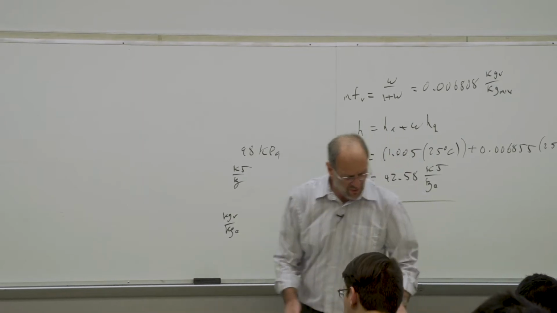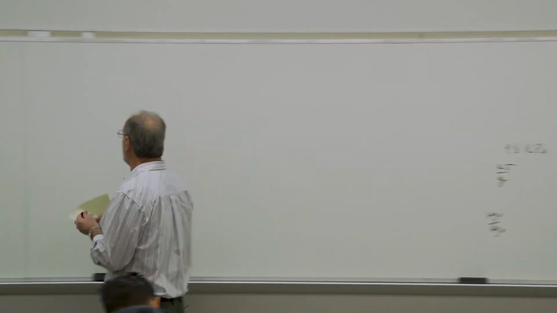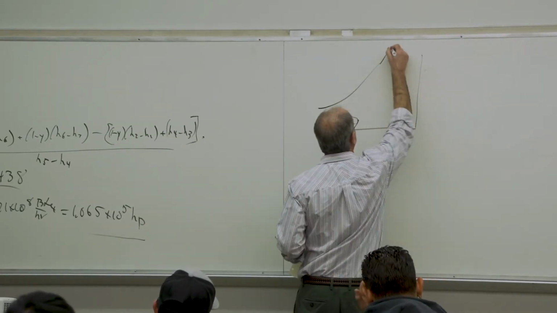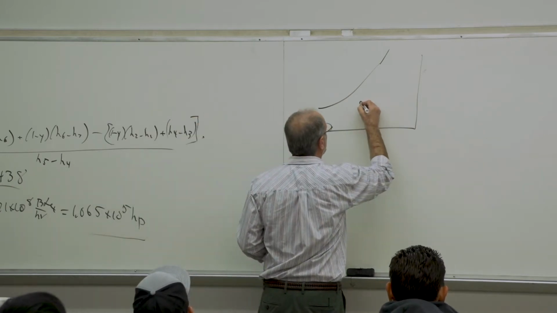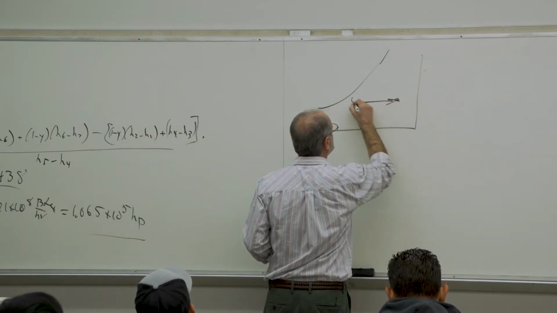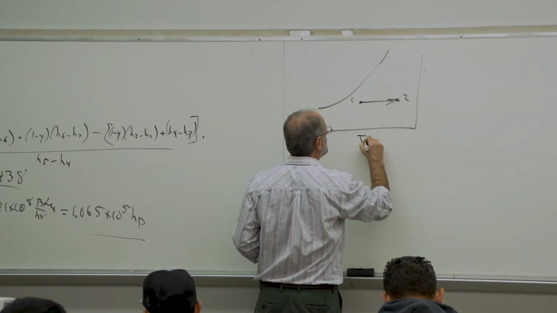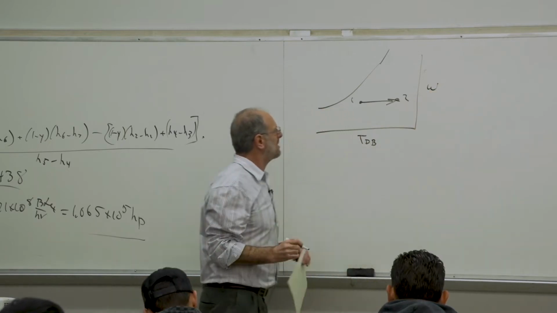So far, we've only really looked at the simple heating and cooling types of processes. If I were to show this on the psychrometric chart, and that's typically how I'm going to show the psych chart, then if we have a heating process, we're simply moving horizontally to the right. Remember, this is the actual temperature called the dry bulb temperature versus omega.